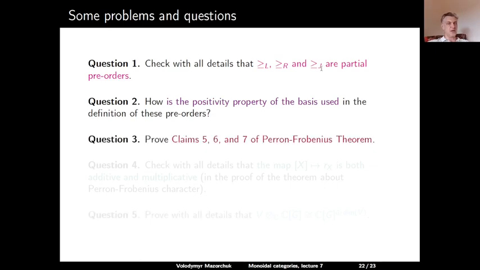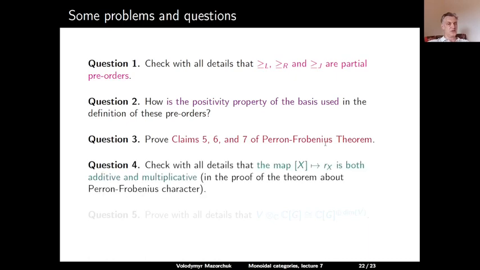Question 3. Prove claims 5, 6, and 7 of the Perron-Frobenius theorem. Question 4. Check with all details that the map, which assigns to an object x the scalar Rx in the proof of the theorem about the Perron-Frobenius character, is both additive and multiplicative.